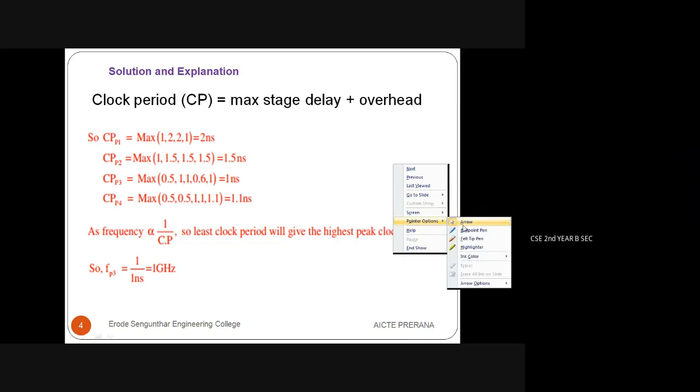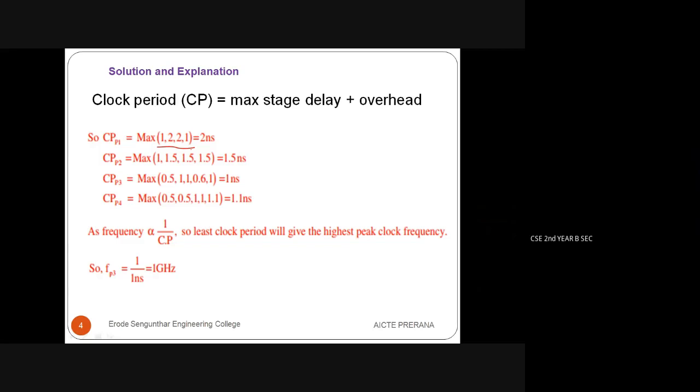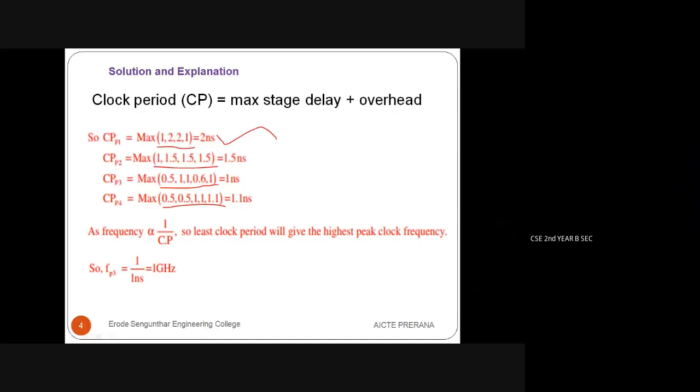We have already seen these things, which are given in the question itself, so we are just substituting the values in those concepts. We are calculating the maximum latency out of the 4 pipeline stages.